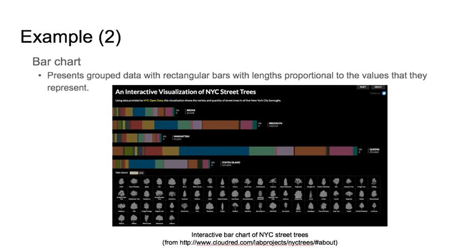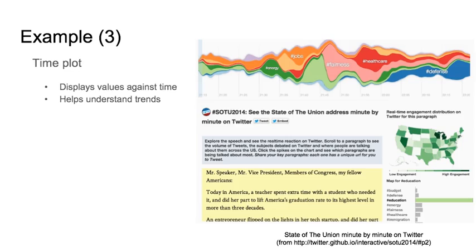Now let's look at something that's closer to social media. Here's what's called a time plot. This is done using the tweets during the State of the Union address by the President of the United States. Now, the State of the Union address can start at around 9 o'clock, and it goes on for about an hour and a half.